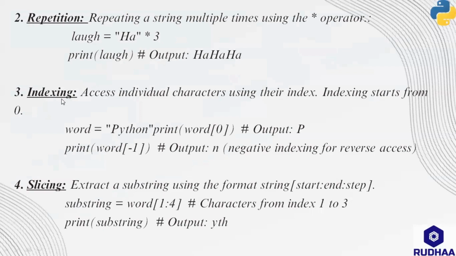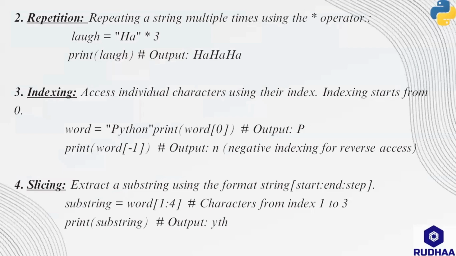Then indexing. Since strings are ordered characters, we have an index for each and every character. You can use this index to access individual characters. Indexing starts from 0, and as you know, it ends with n minus 1. Here word is equal to Python.